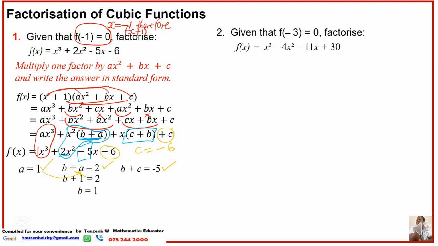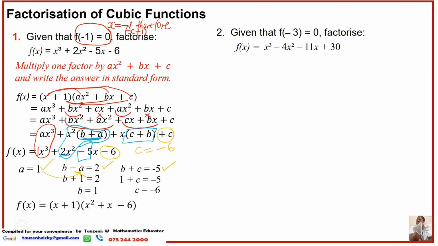Then I have got b plus c, which is equal to negative 5. Now in this expression, if I remove b and put 1 in this last equation, it will give me c is equal to negative 6. Then you write your expression in brackets.